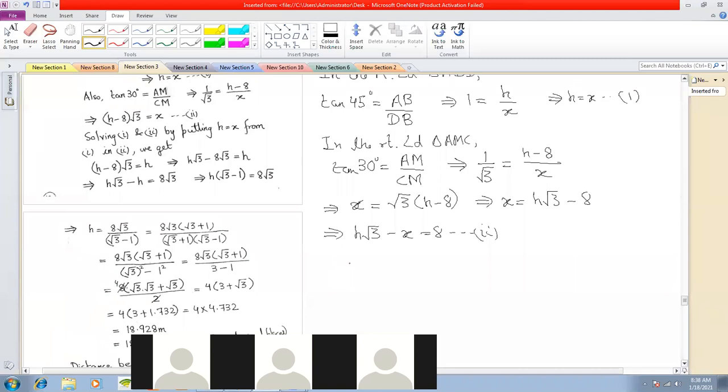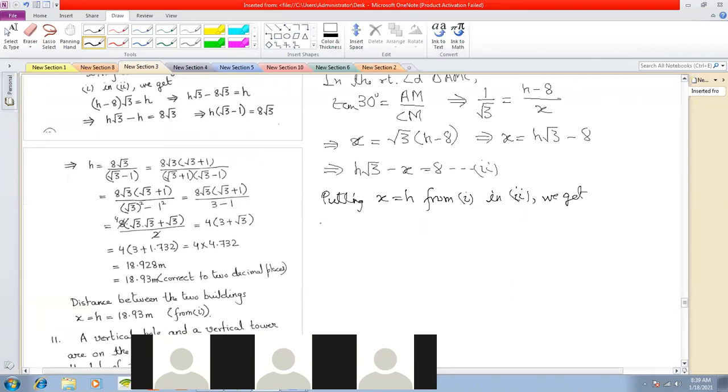So let us first find h. Putting x is equal to h from 1, we get h root 3 minus h is equal to 8. Now you can take h common: h times (root 3 minus 1) is equal to 8.